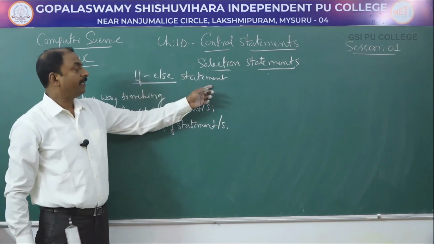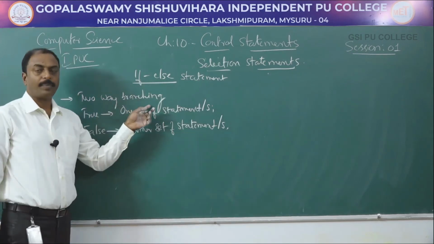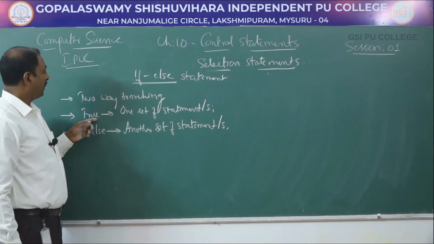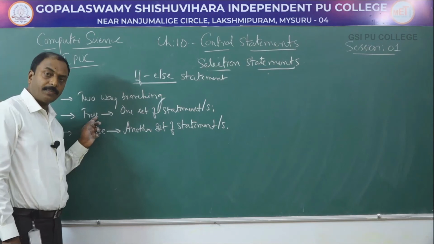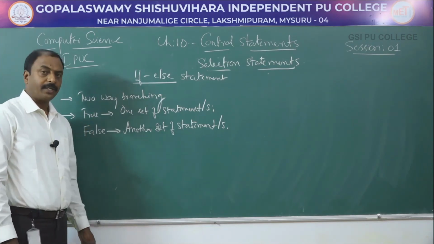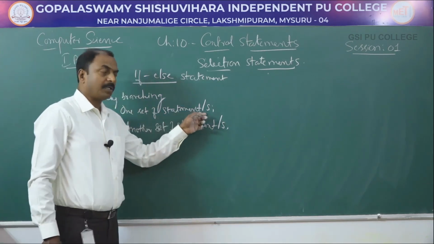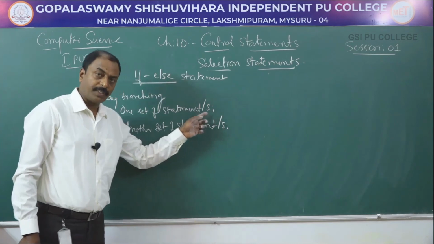So the if else statement is another selection statement and it is called two-way branching, and it executes statements based on a logical condition. If the condition is true, it executes one block of statements.